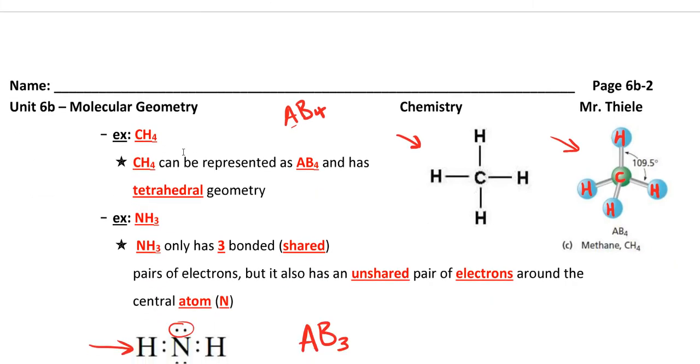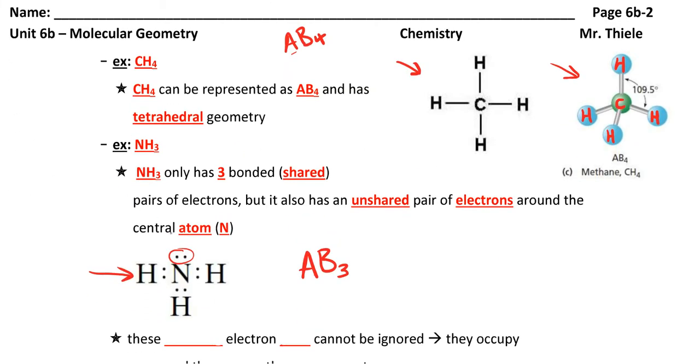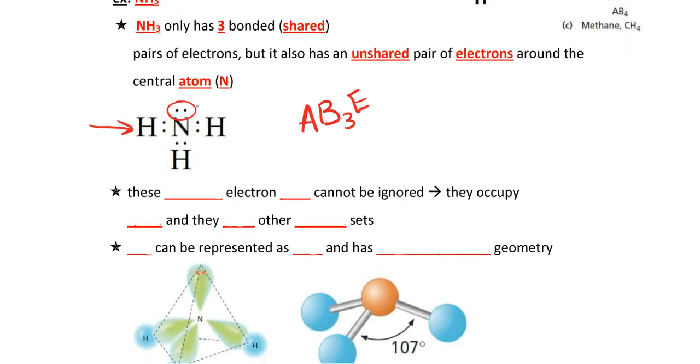So we see we have 1 unshared electron pair around the central atom. So AB3, this is our nitrogen, these are our 3 hydrogens, and then we put 1 letter E to represent this unshared pair of electrons. So the code for this particular molecule is AB3E.